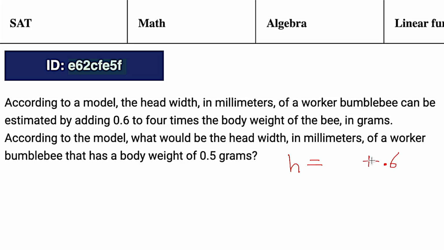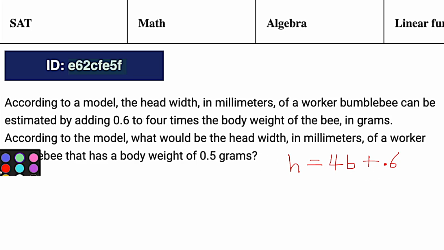I'm putting it over here because it seems like that might be our y-intercept, and this might be linear, by adding 0.6 to 4 times the body weight. So 4 times the body weight, we'll call that b for body, in grams.